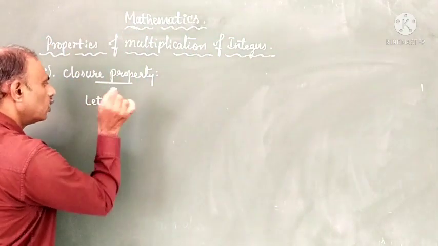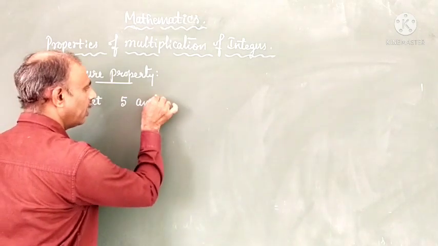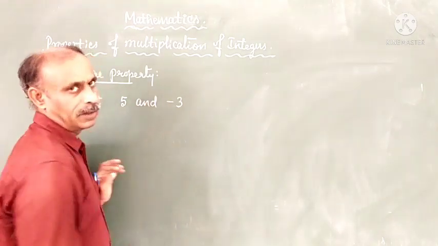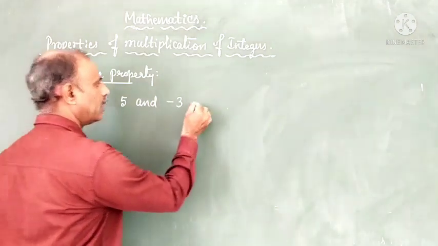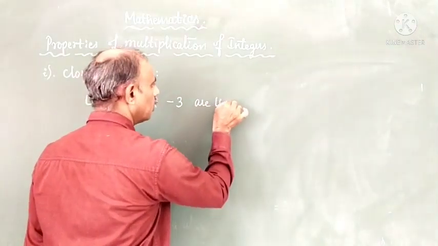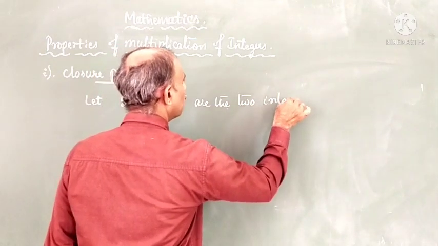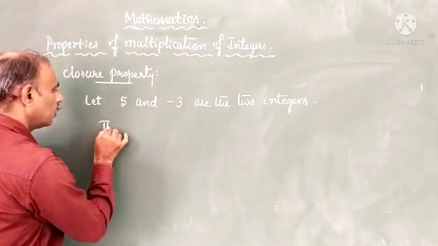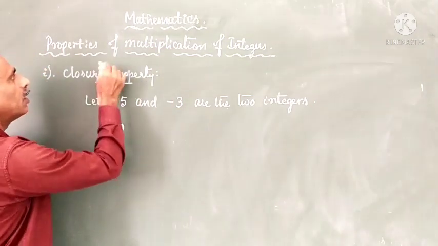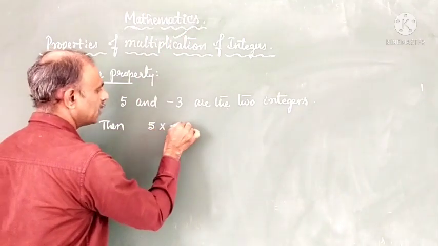Let two numbers be 5 and minus 3. Negative numbers also we can take, no problem. 5 and minus 3 are the two integers. Then we are under multiplication, so 5 into minus 3.